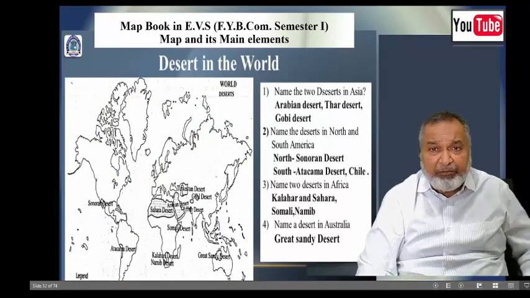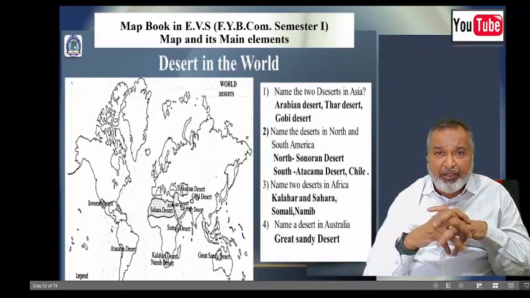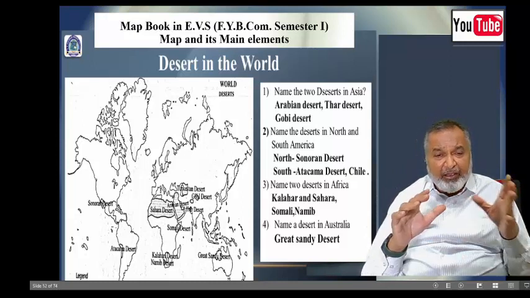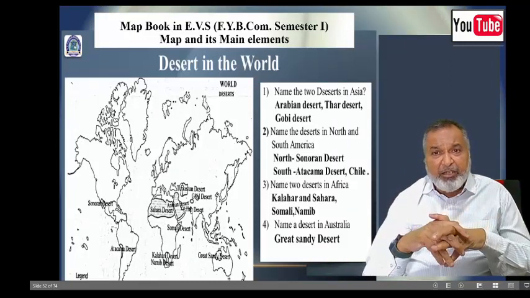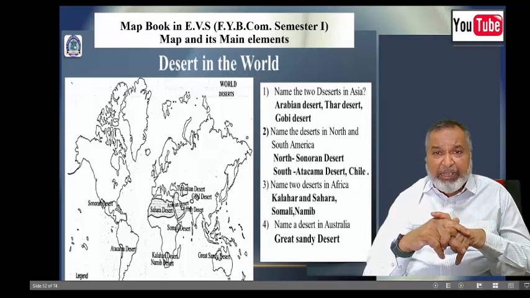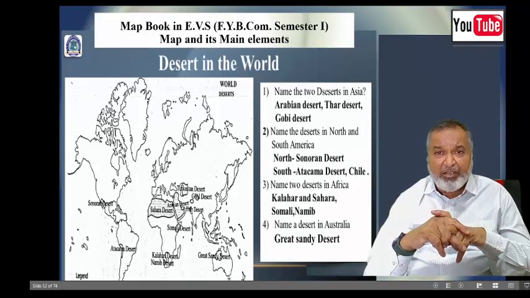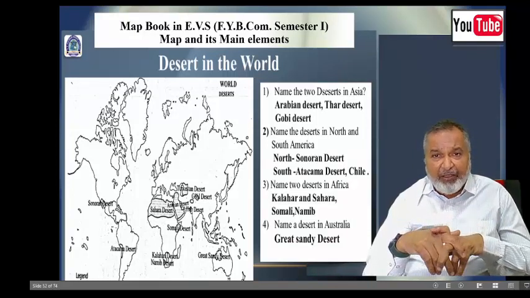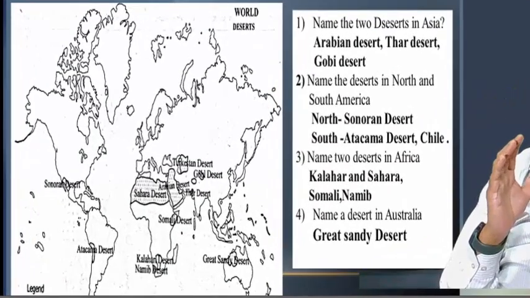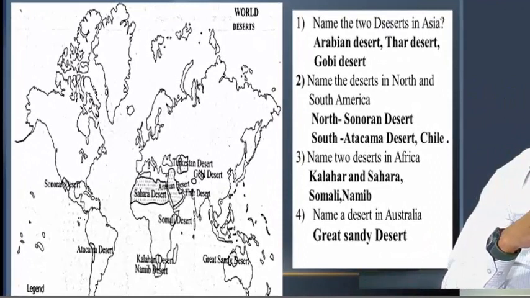Deserts of the world. Yes, this is again important. The bigger deserts in Asia are the Arabian Desert, Thar Desert, and Gobi Desert, whereas for North and South America, in the north we have the Sonoran Desert, and in the south the Atacama Desert in Chile.